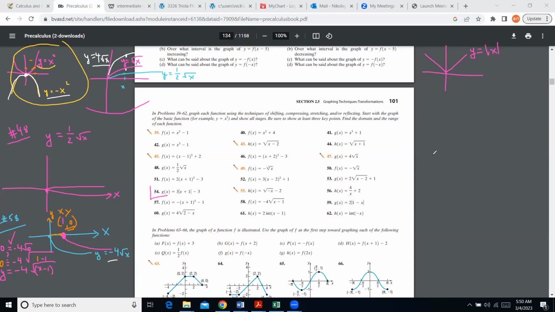So I'd like to do problem number 54 that talks about graphing this absolute value function multiplied by 3 in front. When I triple the function, I have to triple the distance to the x-axis, and when I do this, the graph is going to be way closer to my y-axis.